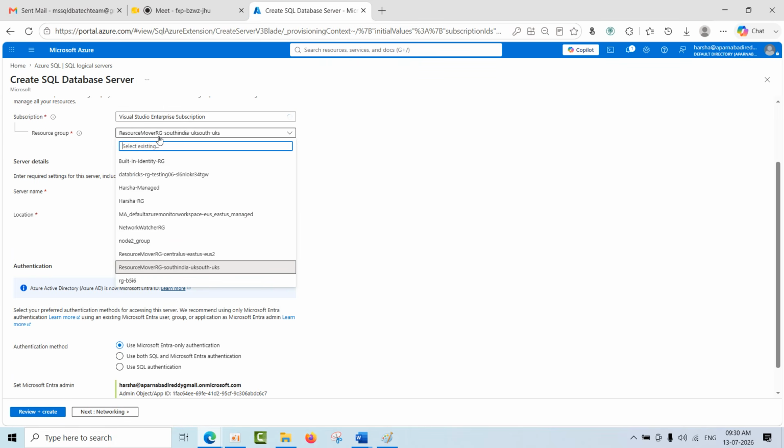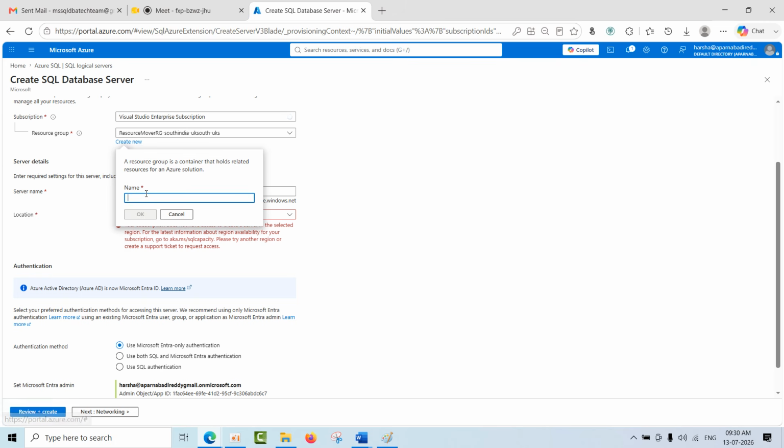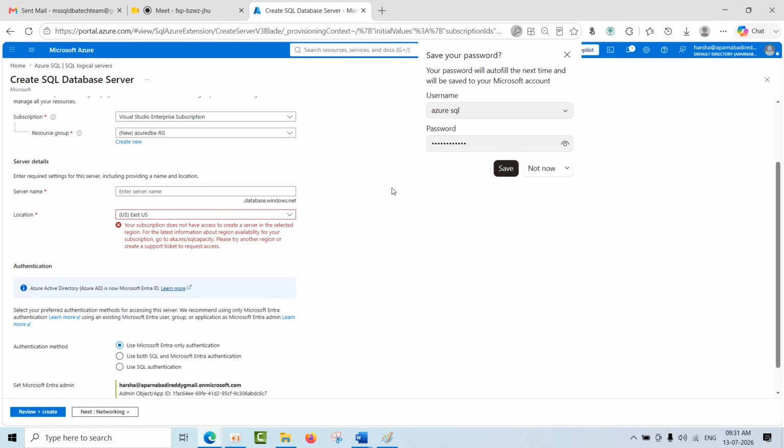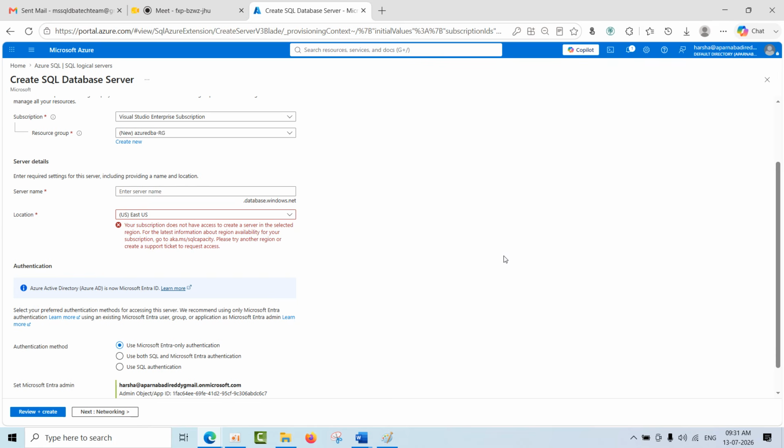Now I will create one new resource group. I will type Azure DBA-RG. This is called a resource group. In simple terms, a resource group is like a folder in Windows; in the cloud, we call it a resource group. In the interview, they might ask you as a level 0, level 1 question, what is a resource group?